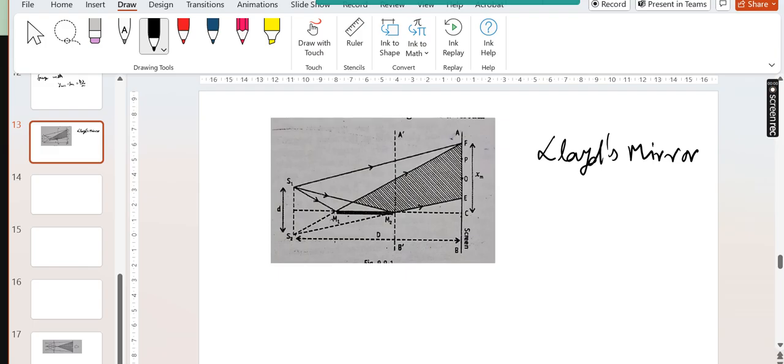The light coming from S1 is reflected from the mirror, forming an interference pattern with the light from S1 in the AE region.